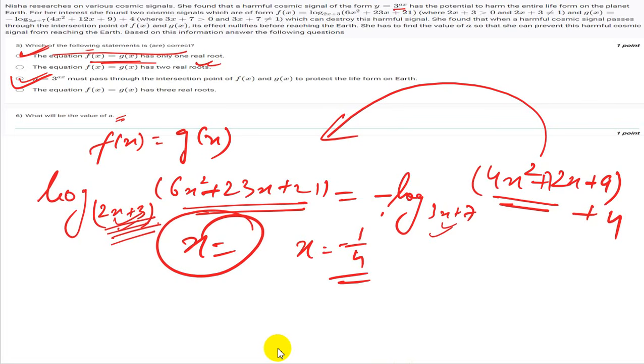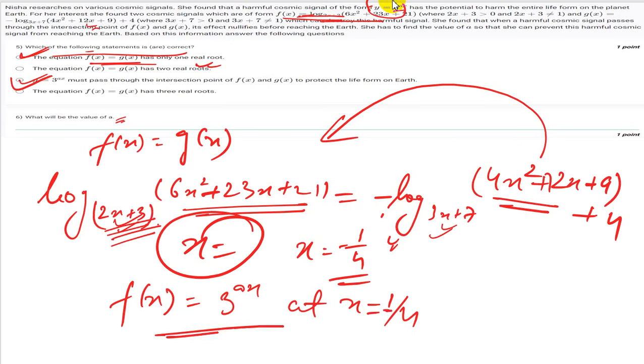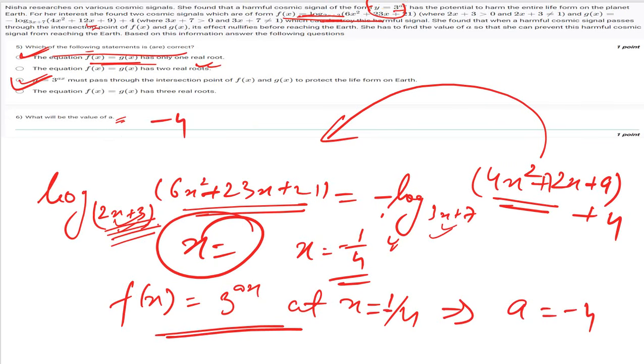At this point the two functions are actually intersecting. If they are intersecting with one another, this curve is passing through it, so we can put f(x) = 3^(ax) at x = -1/4. Put it in, and this would result in the value of a as minus 4.